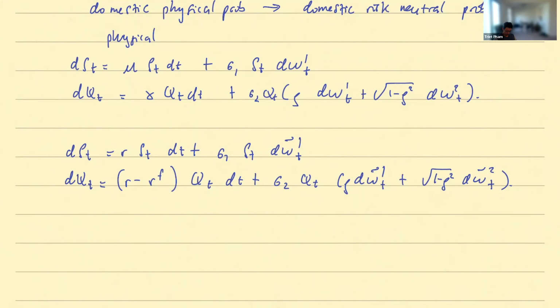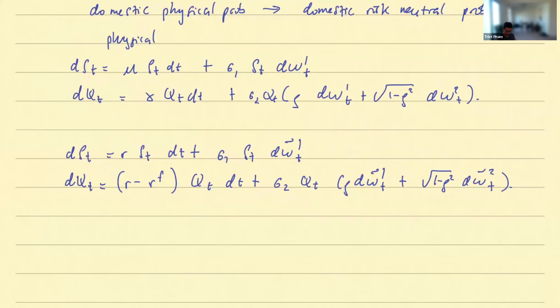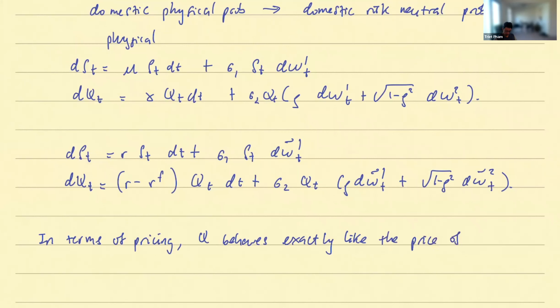But in terms of pricing, because we do have options on the exchange rate, Q behaves exactly like the price of a dividend paying stock, or a similar asset, with rate RF.